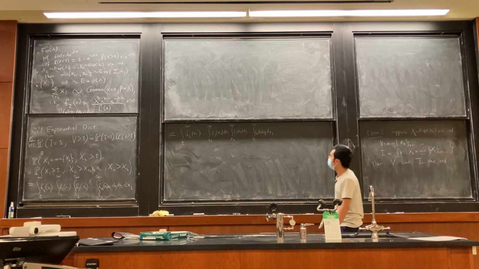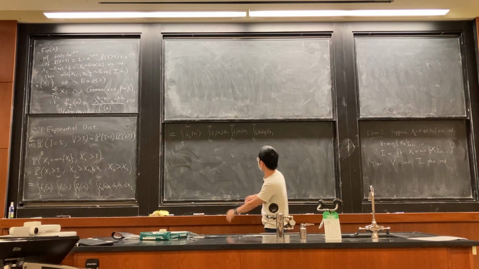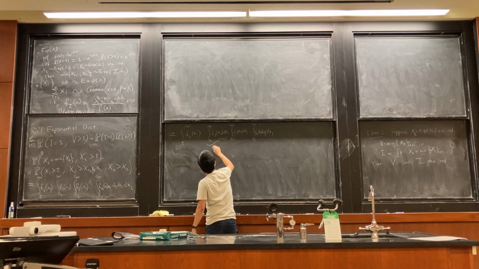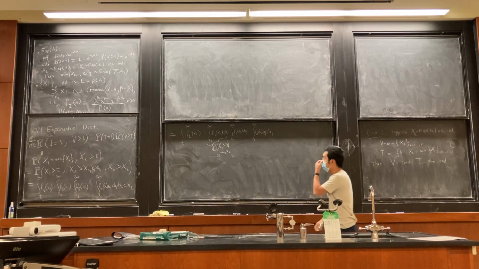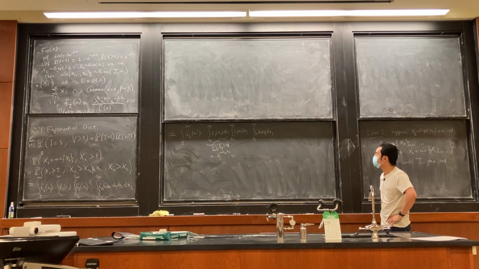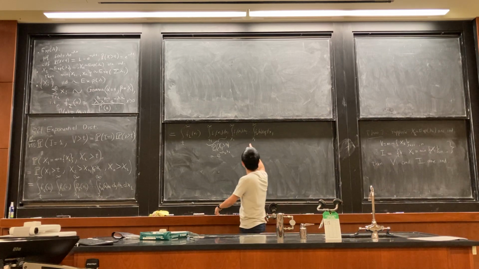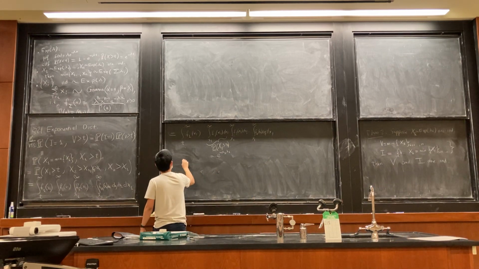And now, again, this is the probability of the big X2 greater than the little x1, and this is equal to e to the minus lambda 2 x1. And similarly for the other ones, this goes down to t to infinity.